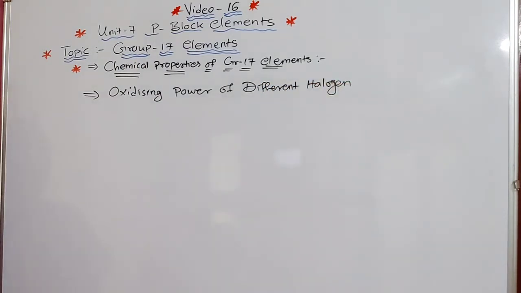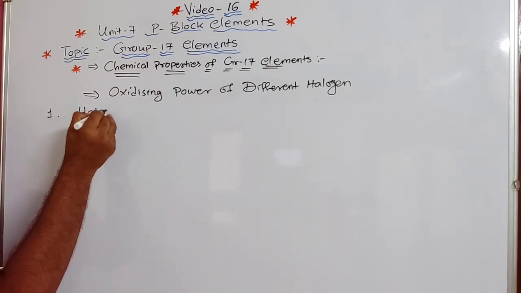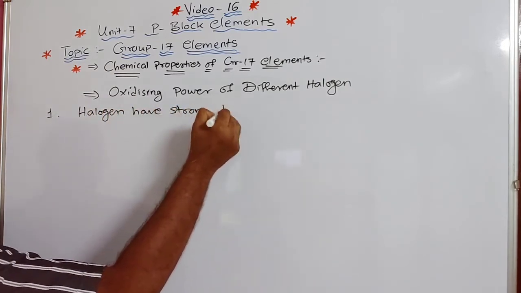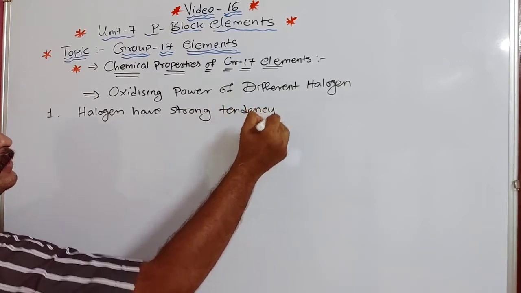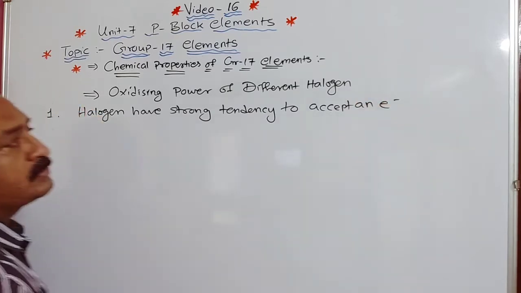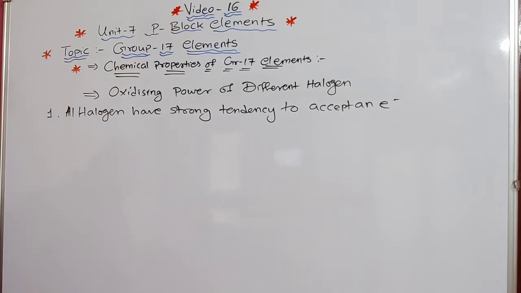Now when we talk about the oxidizing power of different halogens, one thing you have to remember is, since halogens have a strong tendency to accept an electron, they are all strongly oxidizing agents. All halogens have a strong tendency to accept electrons.